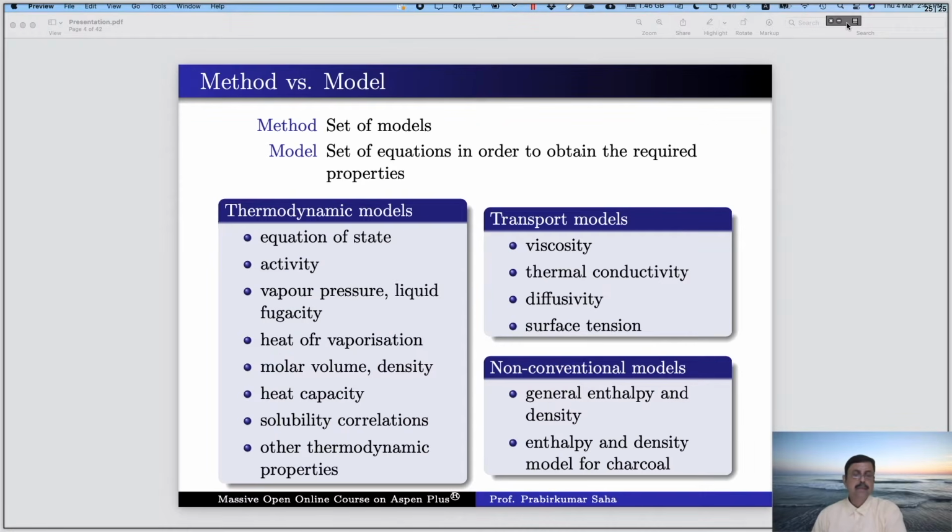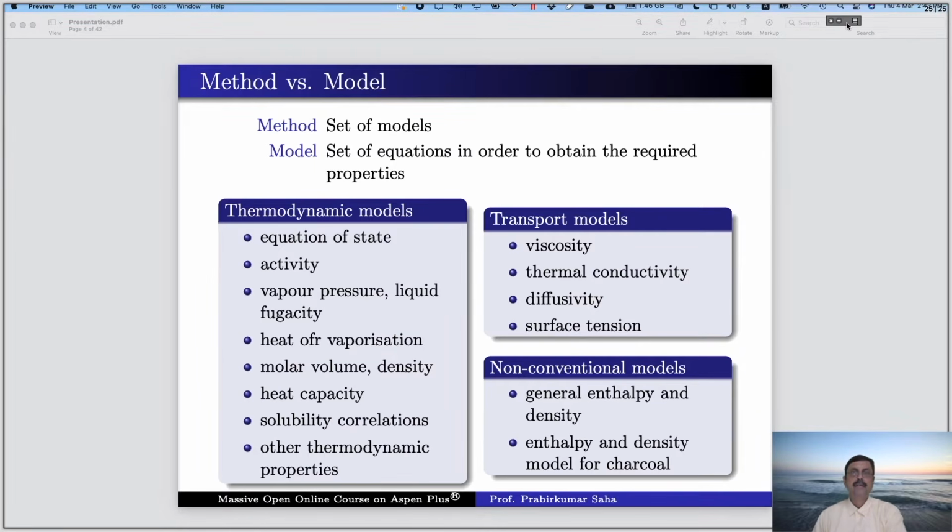Next, we will learn about method versus model. Many times we use the words method and model interchangeably. Sometimes we say method, sometimes we say model, but there is a slight difference between them. A method is a set of models used for computing the process parameters or physical property parameters.